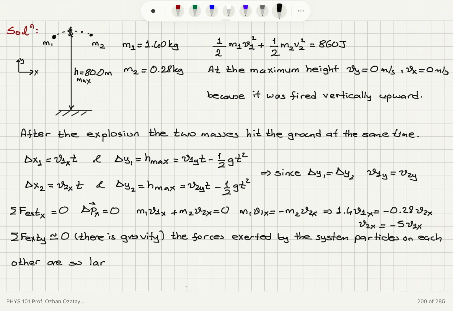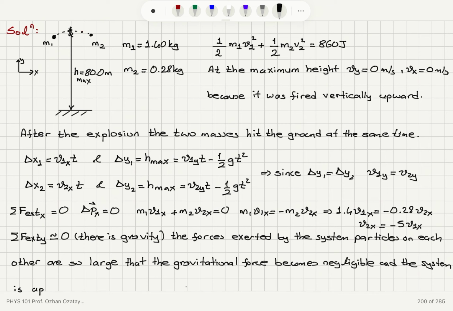Well, we have a huge chemical energy that is turned into kinetic energy here, that the gravitational force becomes negligible and the system is approximately isolated.